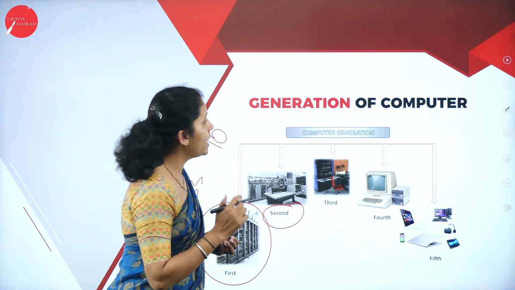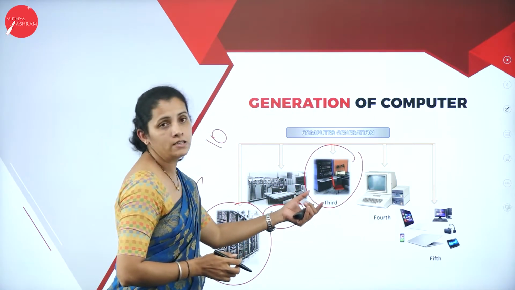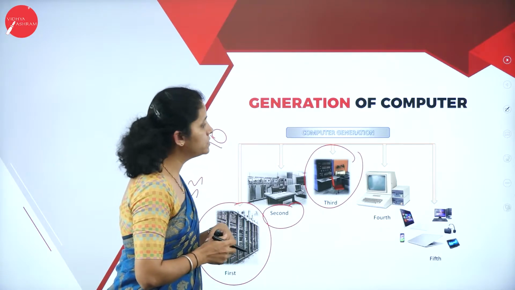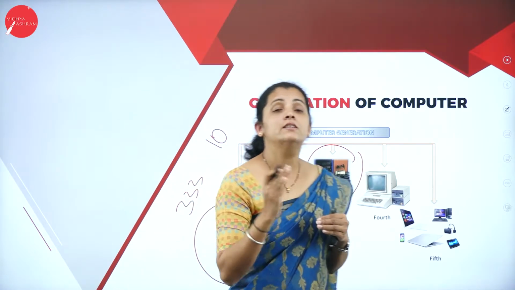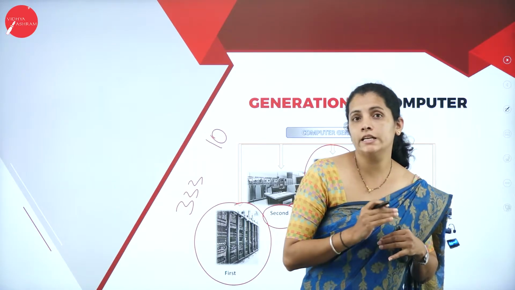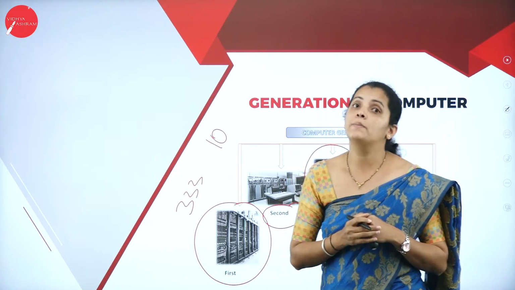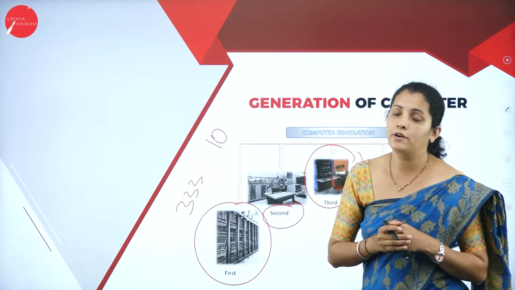Then we are going to have the third category of computer system, that is third generation computer system. Here the transistors are replaced with IC, that is integrated chip, and the integrated chips are made using silicon.